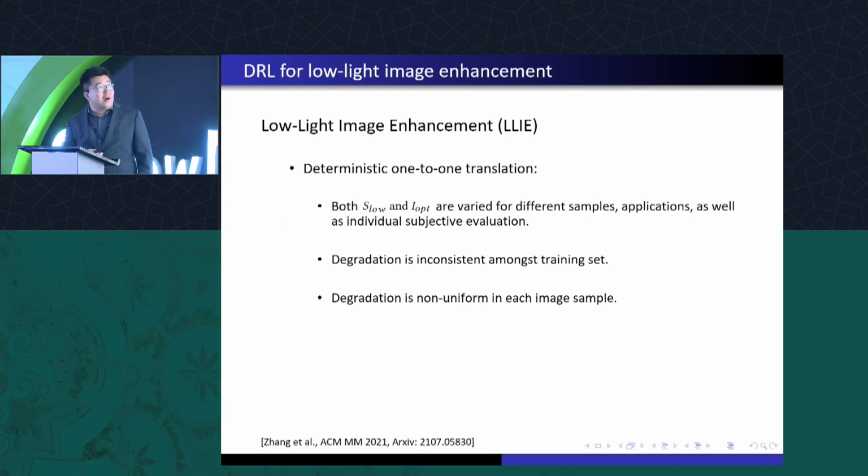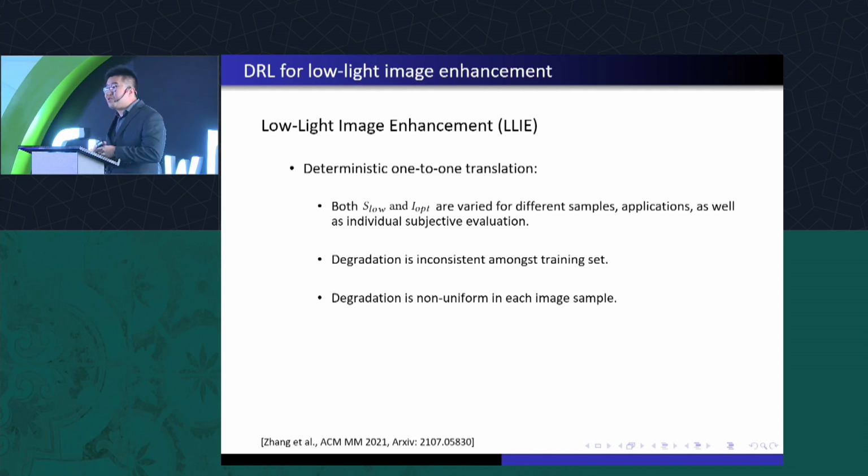For example, if you give me a training data set, it's very likely that both the low illumination and the optimal illumination may vary from sample to sample, or with individual subjective evaluation. If your evaluation metric is different, the so-called optimal illumination may also be different. And not to mention that the degradation process may not be consistent among your training data.